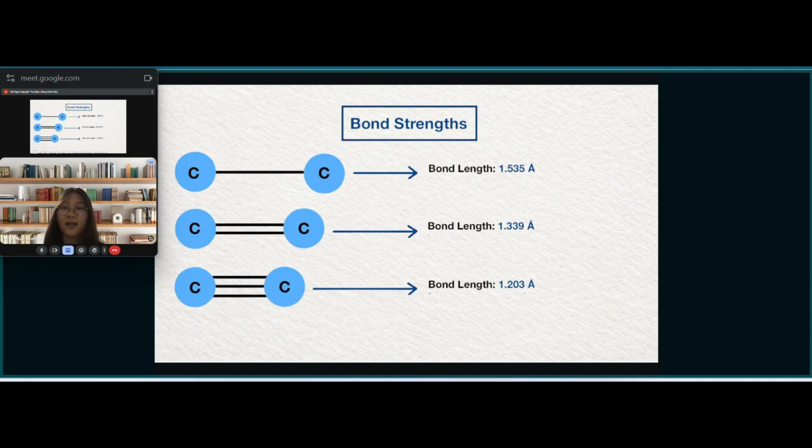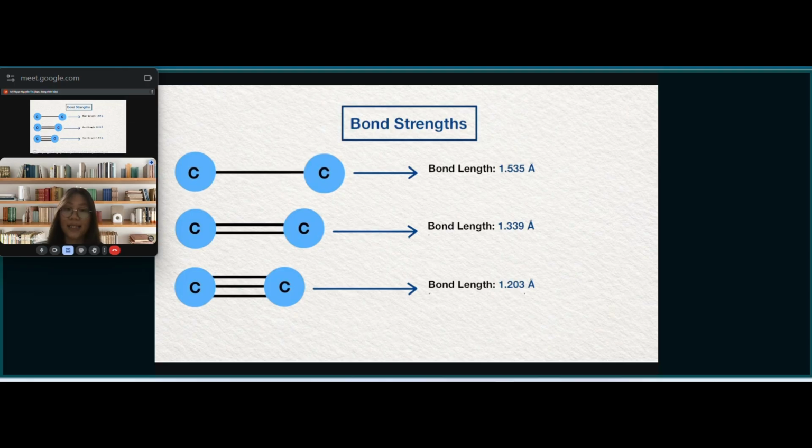If you want to break the stick apart, you also require energy, but it is quite easy to break.